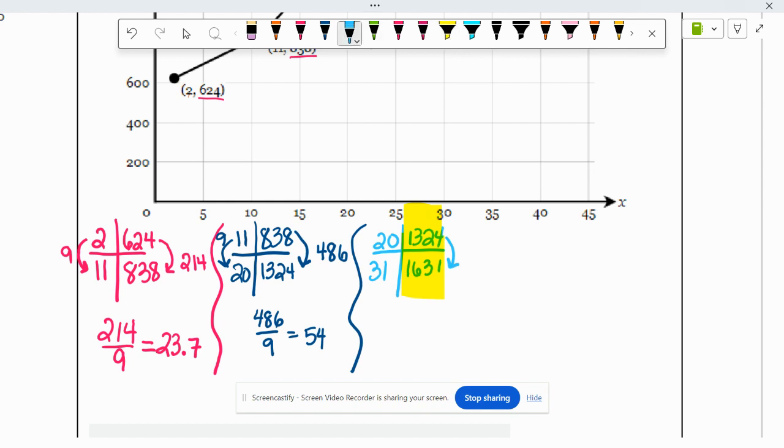So 1,631 minus 1,324. Yeah, 307. What about the number on the x-axis? What's happening over there, Viviana? Is it getting bigger or smaller? By how much? 11. So let's see, I have 307 divided by 11 equals what, Savannah? 307 divided by 11.